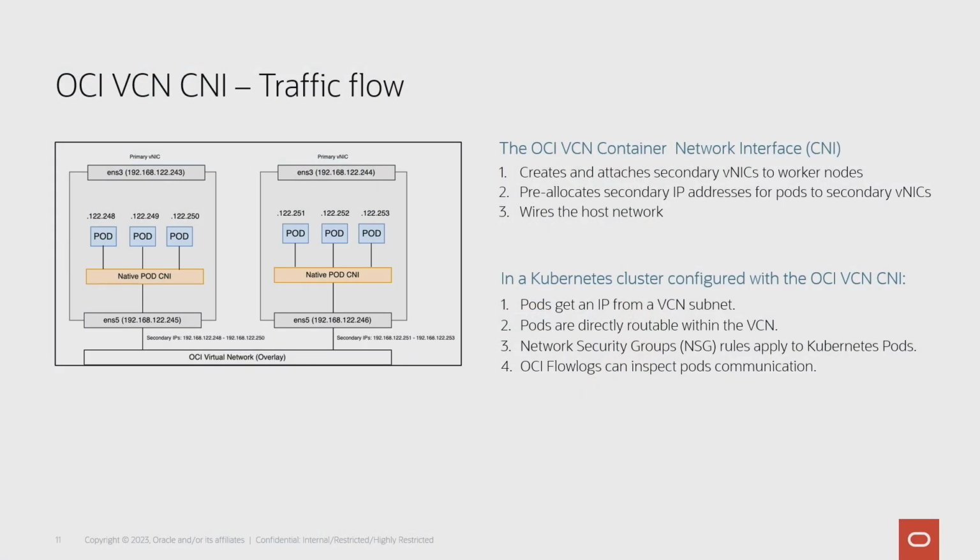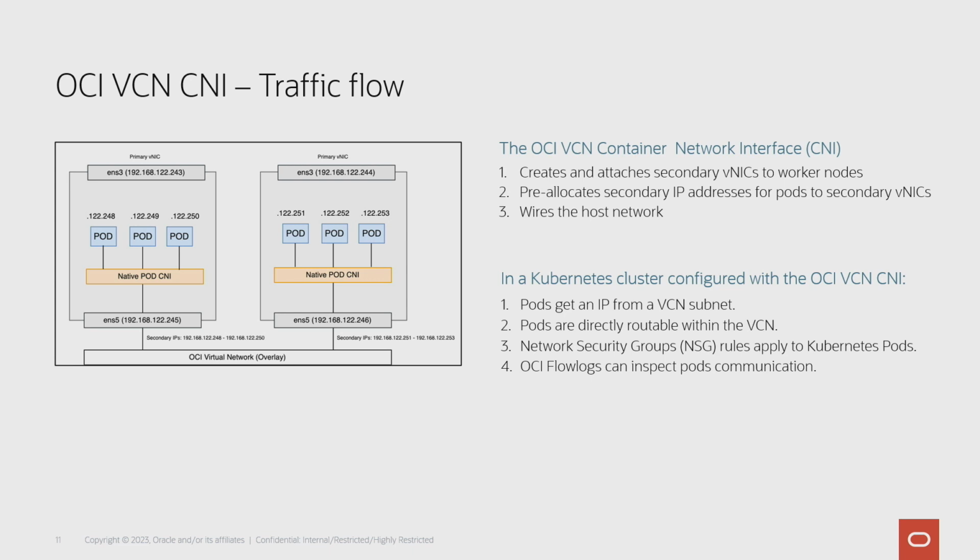These secondary IP addresses are the IP addresses that are pre-allocated to the worker nodes, and they are dedicated for pods. As pods keep on coming and going, they get these IP addresses from the secondary IP address range that you see right here. Let's say in this example there is .248, .249, .250. They all are getting IP addresses from the secondary IP address range.